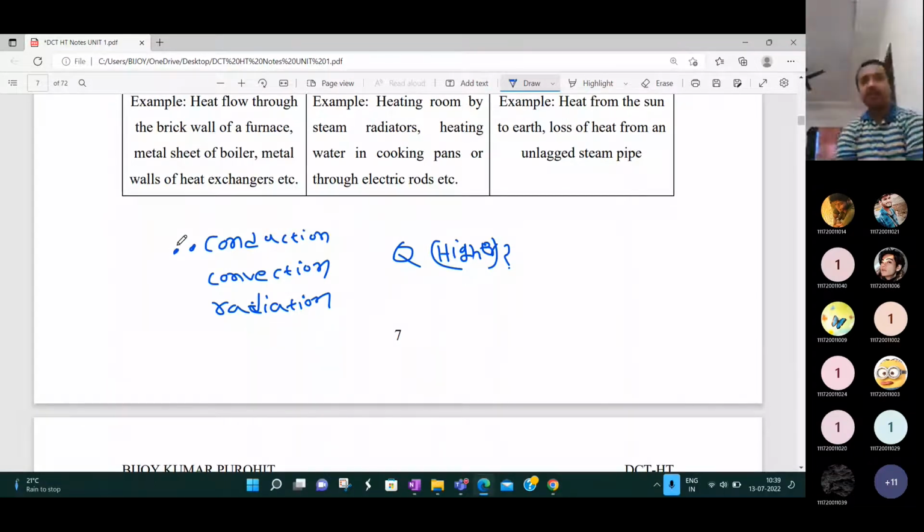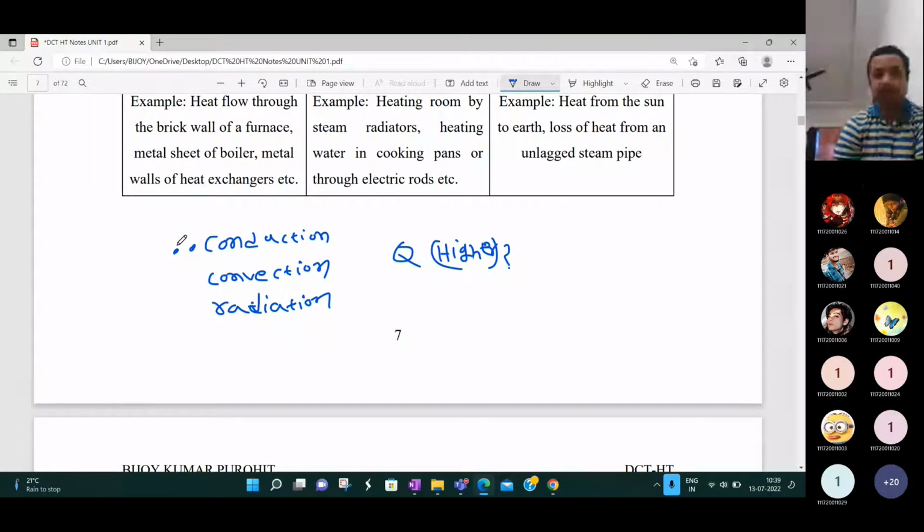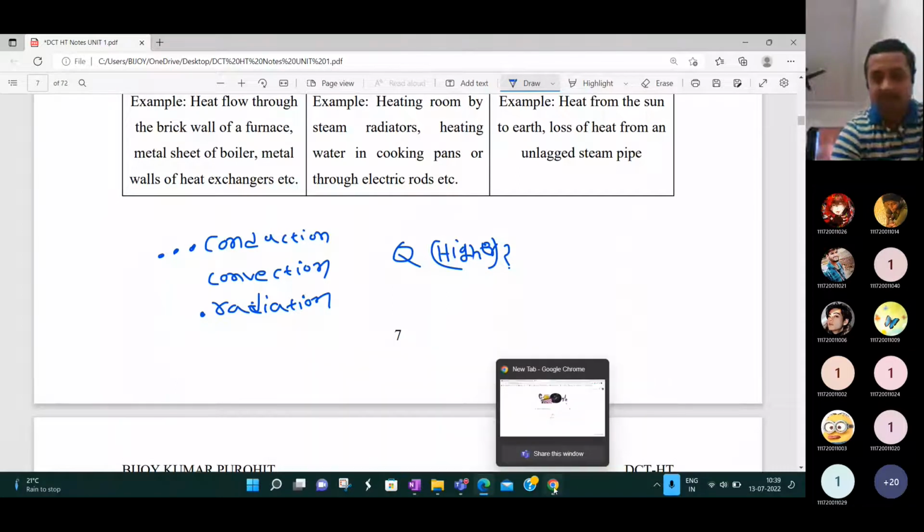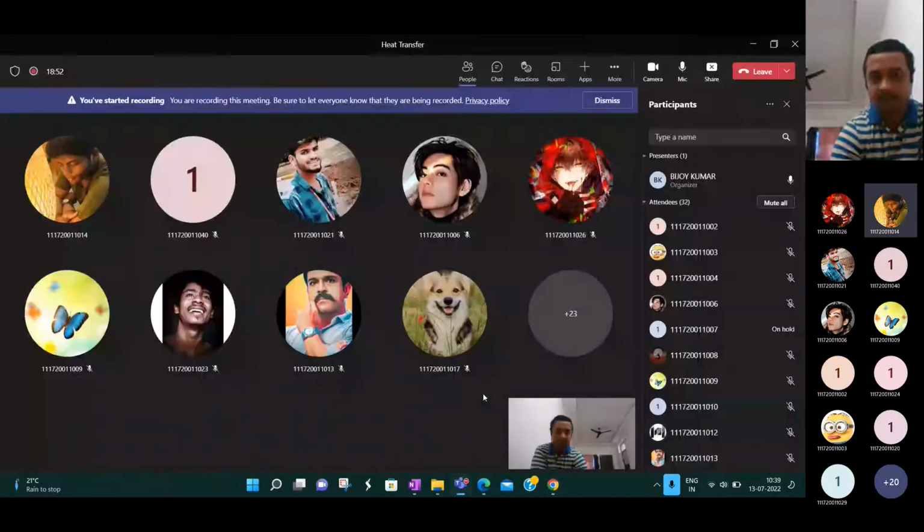Any other answer? Sir, radiation, I think. One person says radiation. Who is that? Number 28, sir. One doubt, sir. Okay, 28. Yes, Jeevan.